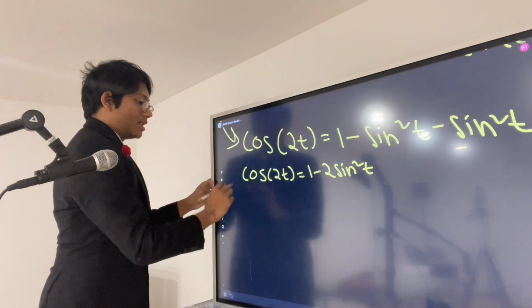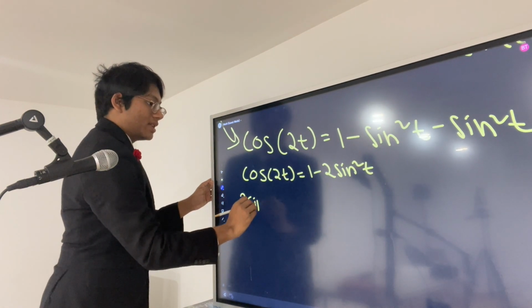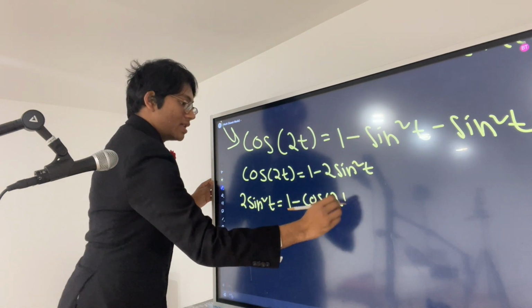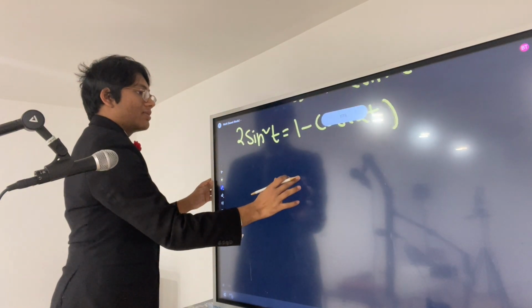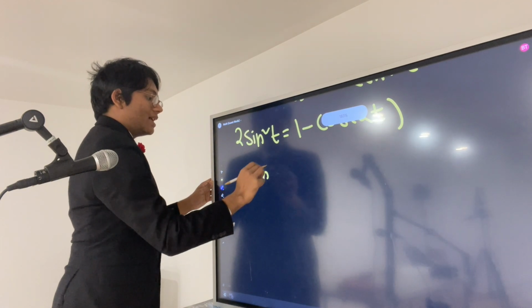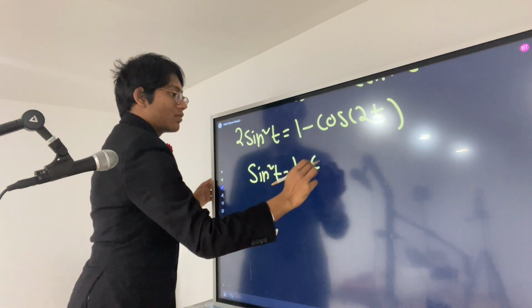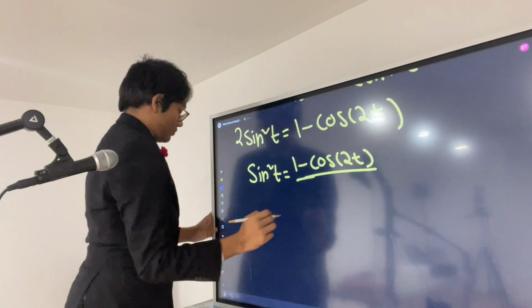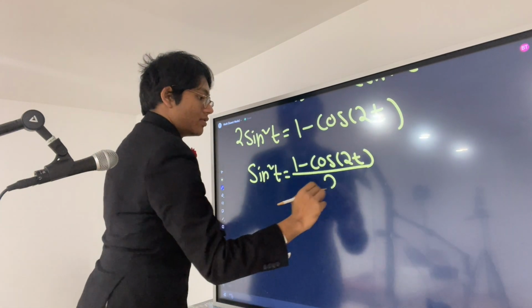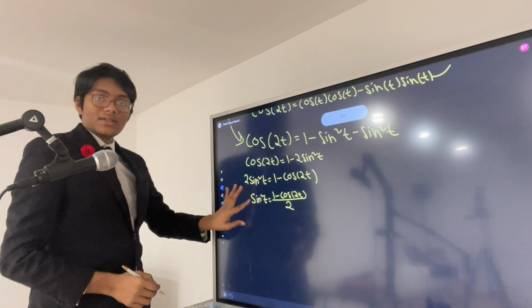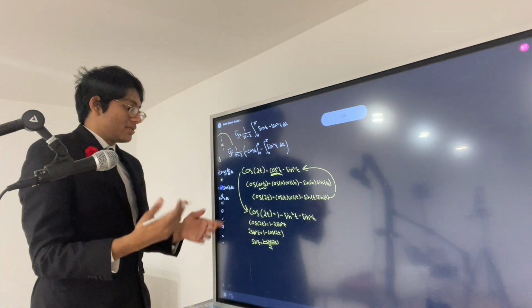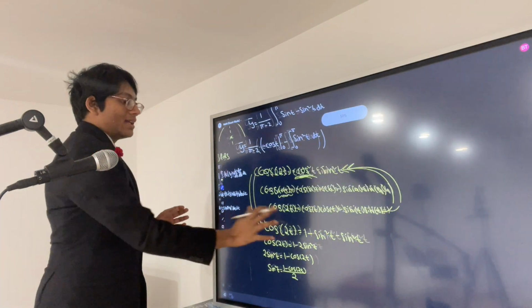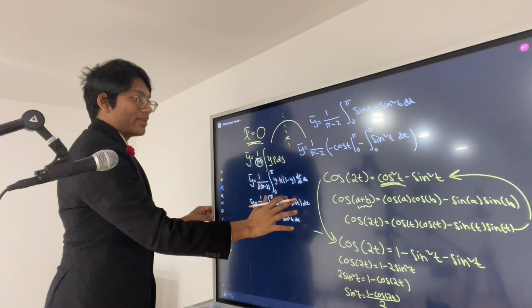So bringing this over to the other side, I have 2 sine squared t is equal to 1 minus cosine of 2t. And dividing both sides by 2, I end up with sine squared t is simply equal to 1 minus cosine of 2t all over 2. All right, so now that I have sine squared in terms of a double angle function, we can go ahead and really simplify this out.